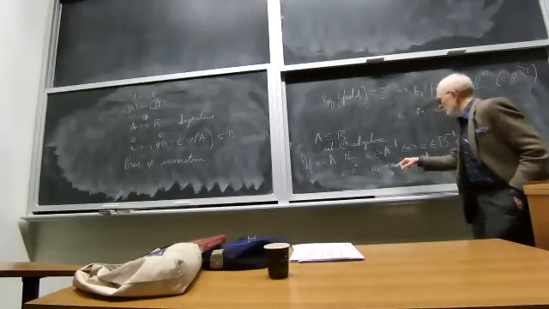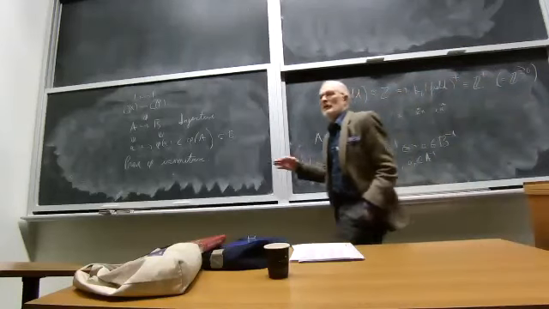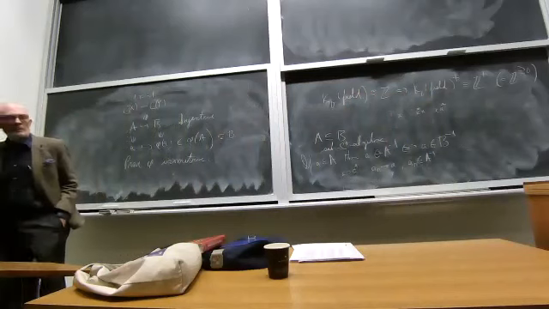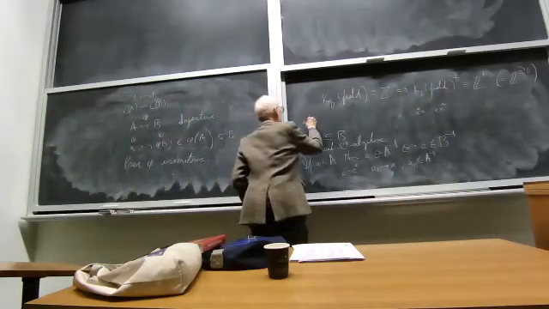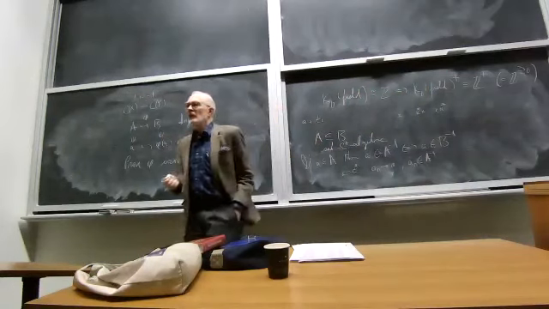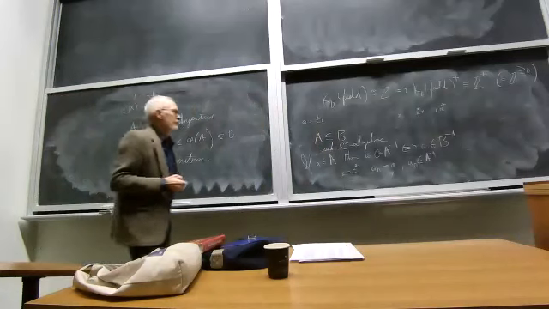Whether A is invertible or not, A_n is invertible because you just add a small imaginary number. If A is self-adjoint, then A plus t times i is invertible, for arbitrary non-zero t.